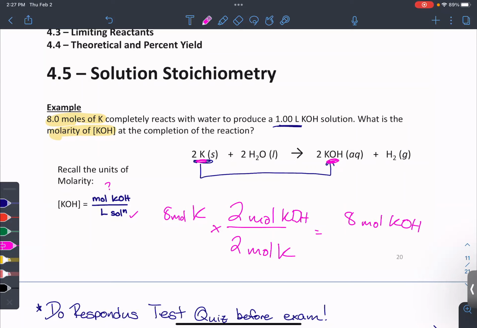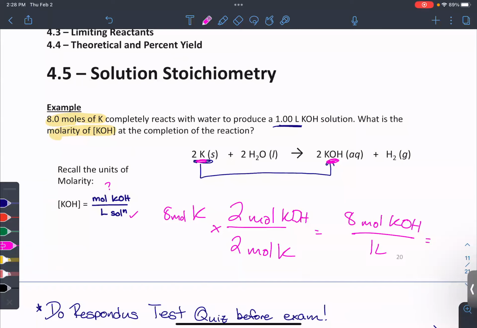But that's not quite my answer. This question is asking for the concentration, so I need to go one step further and recognize the unit of concentration as moles per liter. I have the mole amount. I just need to divide by the liter amount that's present, which is just 1 liter, to get concentration.